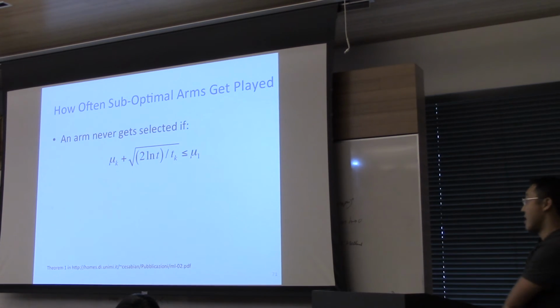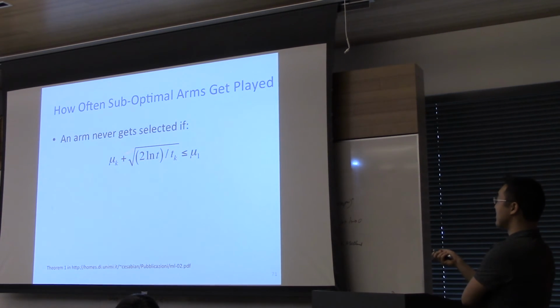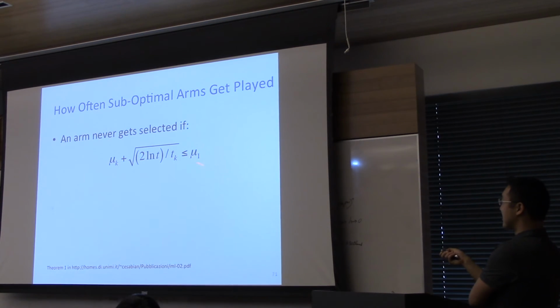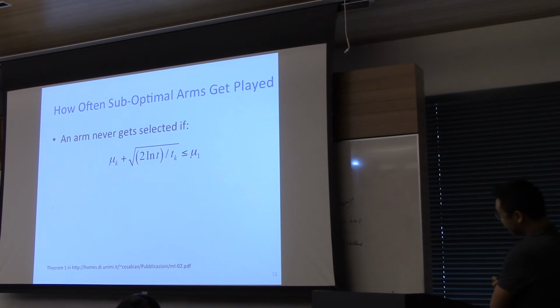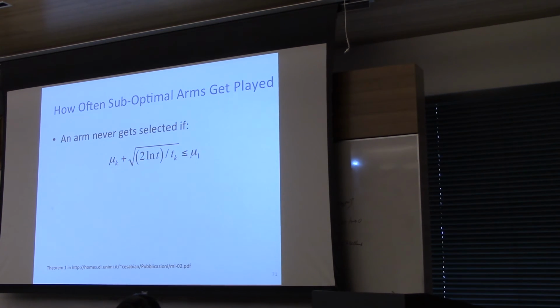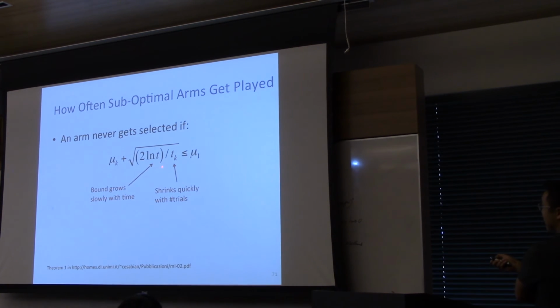An arm never gets selected if its upper confidence bound is less than the reward of the best arm, and you can prove this because of how the bounds work. Sorry, this would be a mu bar. So this thing grows slowly over time, and this thing shrinks quickly with tries. That's why it gets chosen exponentially less over time.